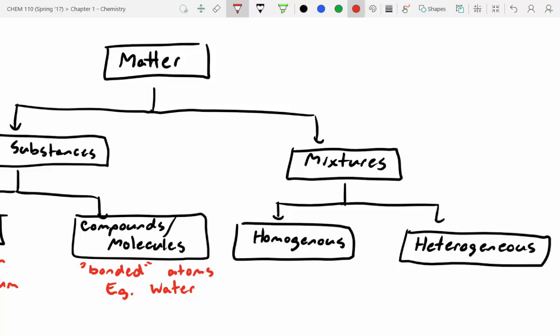The same. Hetero means different, right? So what do you guys think a homogeneous mixture is? Yeah, it's mixed pretty evenly, right? It's the same throughout, is another way of thinking about it. A good example of this would be something like salt water, right? If you get a mixture of salt water, that salt water is going to be the same all throughout the container.